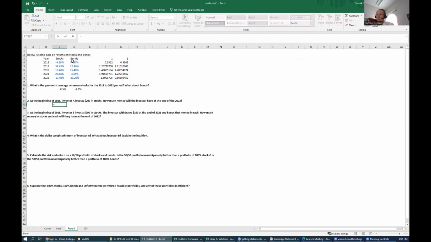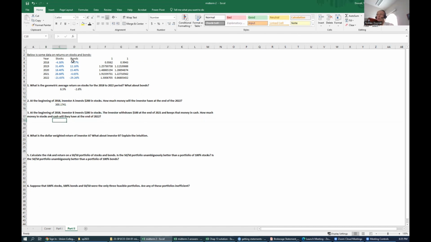The amount that a buy and hold investor who starts with $200 would have is just the geometric average return raised to however many years they keep the investment in, which is 5 times. And it shouldn't be minus, of course, it should be plus. There, plus. That's $300. Fantastic.